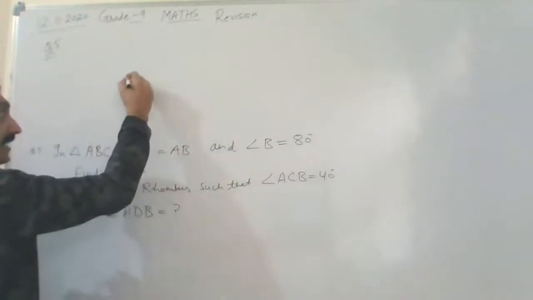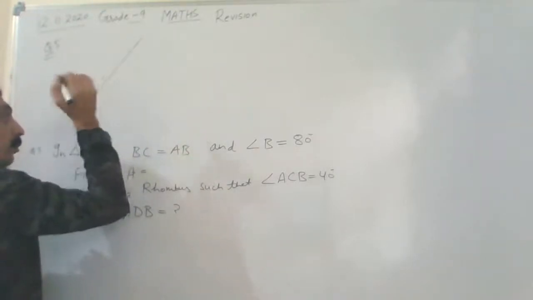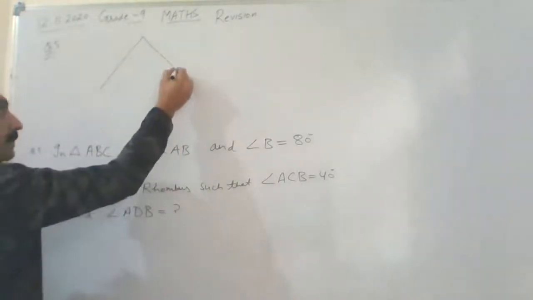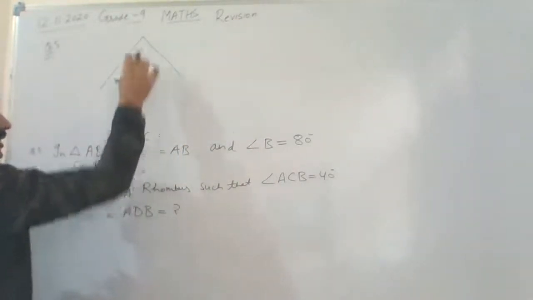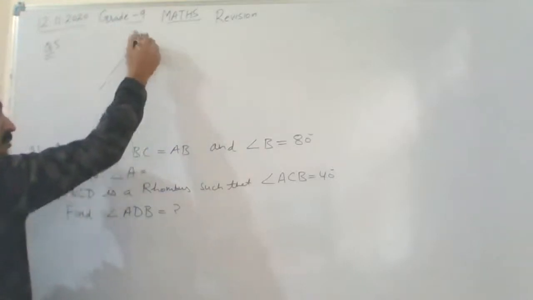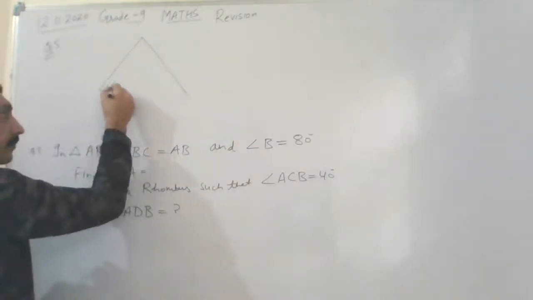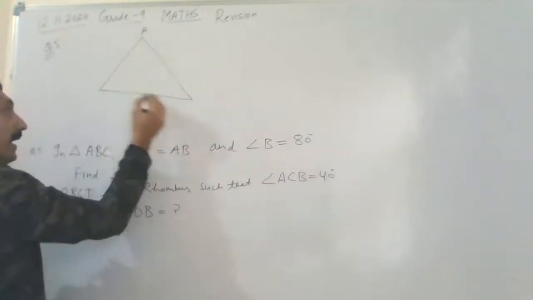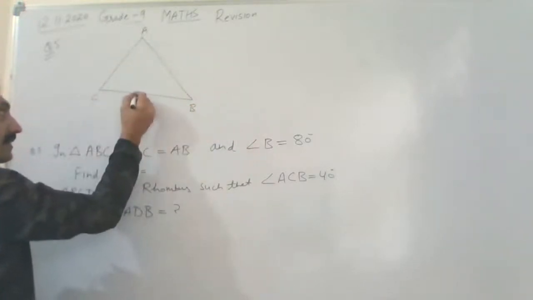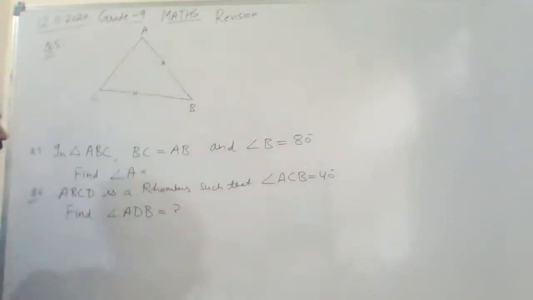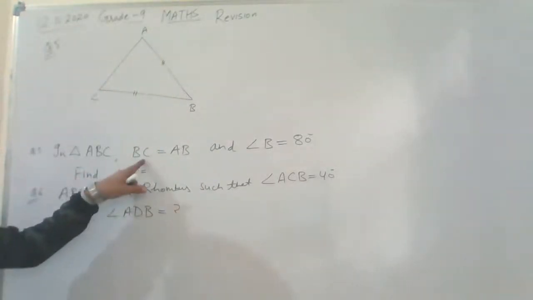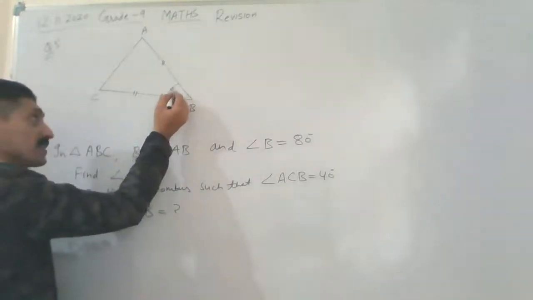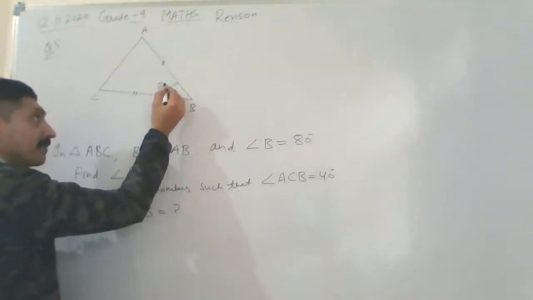If you have a triangle in which one side is BC and one is AB, suppose these two sides are equal, AB equals BC, given, and angle B is given as 80 degrees.